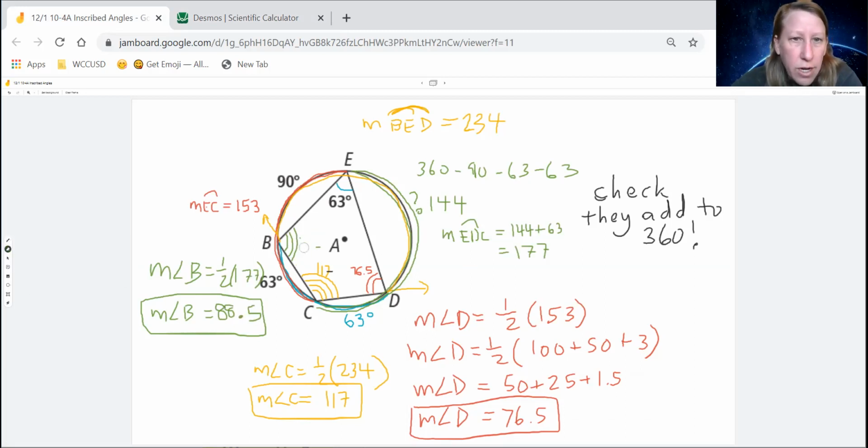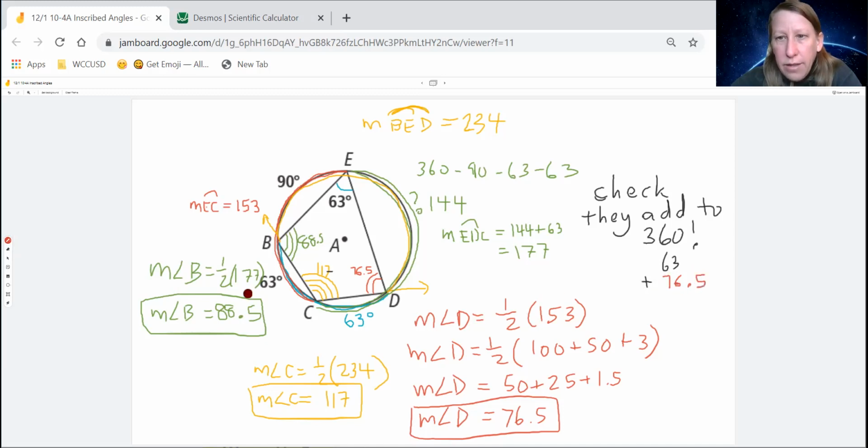All right, well, let's try it. Let's see if it adds up correctly. So I'm going to add up the 63 I had to start with. Ooh, this is my check. I'm going to add the 76.5.